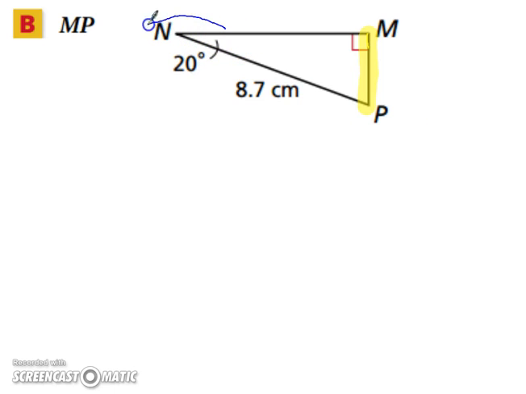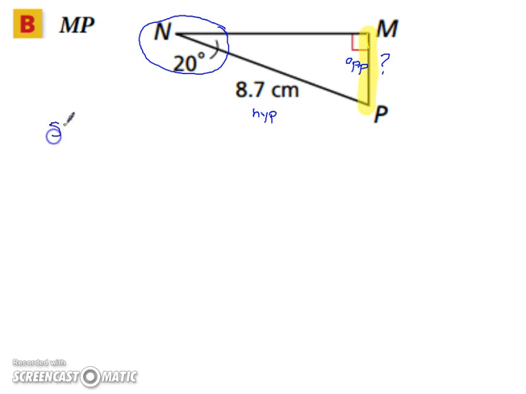They gave us this angle N, and then we have our 8.7, which is our hypotenuse. And then they want us to find the side that is opposite the angle they gave us. So, we look for which trig ratio deals with opposite and hypotenuse. Well, in this case, it's sine.